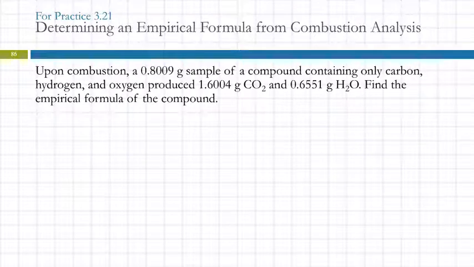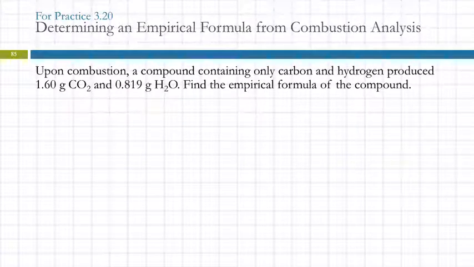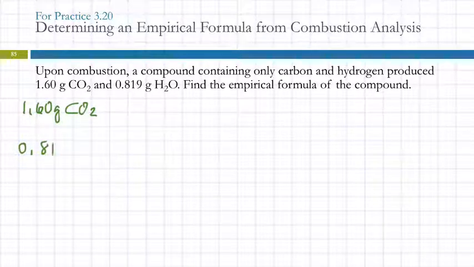So we're given the mass of CO2, and we're given the mass of water that are formed. This CO2 has all of the carbon in it from the original compound. So I need to figure out, ultimately, the moles of carbon that are in that mass of CO2.